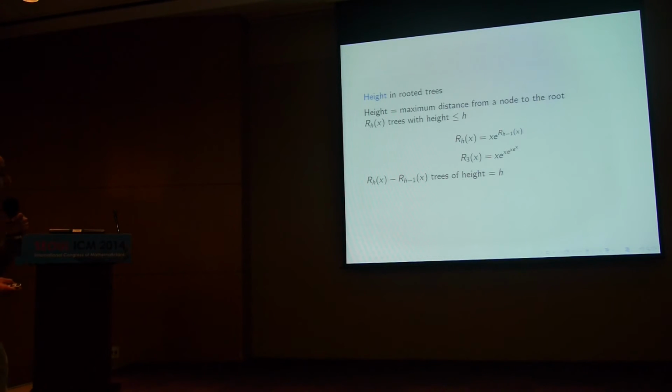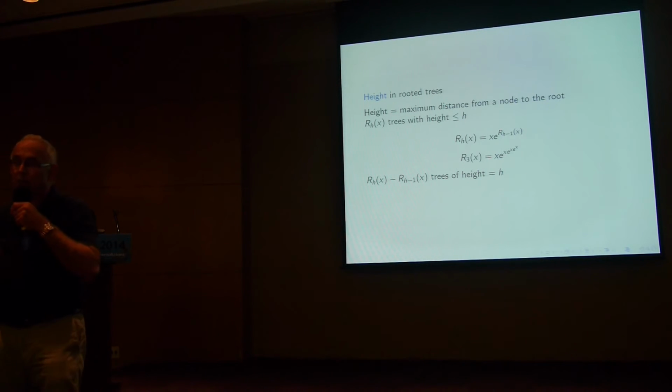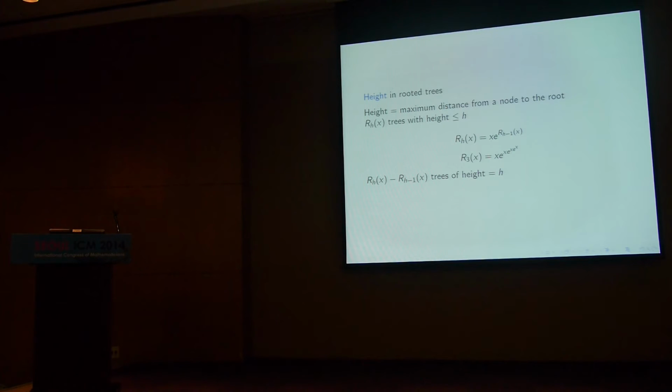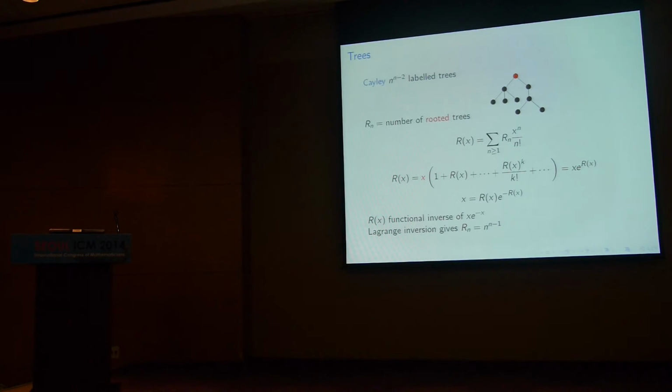Now, what you do is you take these equations among the generating functions. Instead of considering them as formal power series, you look at them as analytic functions, either of one variable or two variables. And these analytic functions can be entire, like here, or can have singularities. You can check here that this function R(x) has a singularity at 1 over e, so it's analytic only on a disk of convergence.